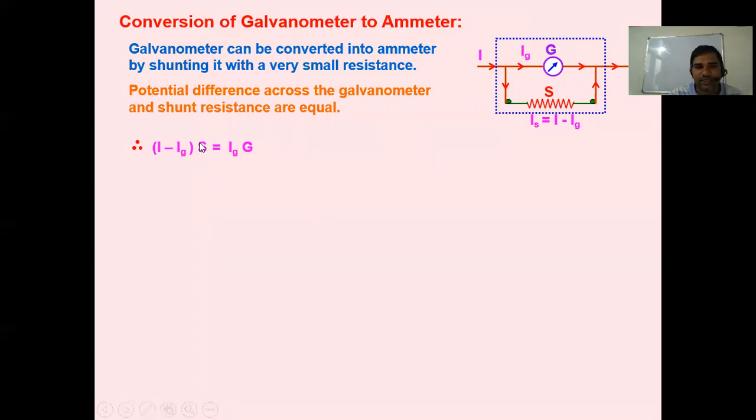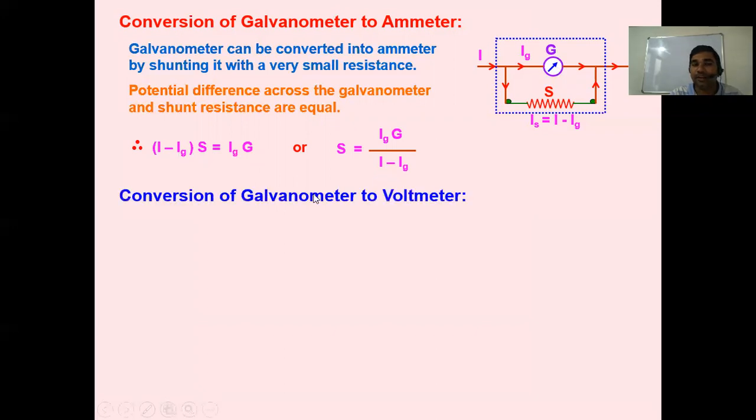We can easily get it. S is equal to IgG, and bringing I minus Ig from the left hand side to the right hand side, S is equal to IgG divided by (I minus Ig). This value of shunt or parallel resistor will help us convert this galvanometer into an ammeter which measures the current I. So this is the method.